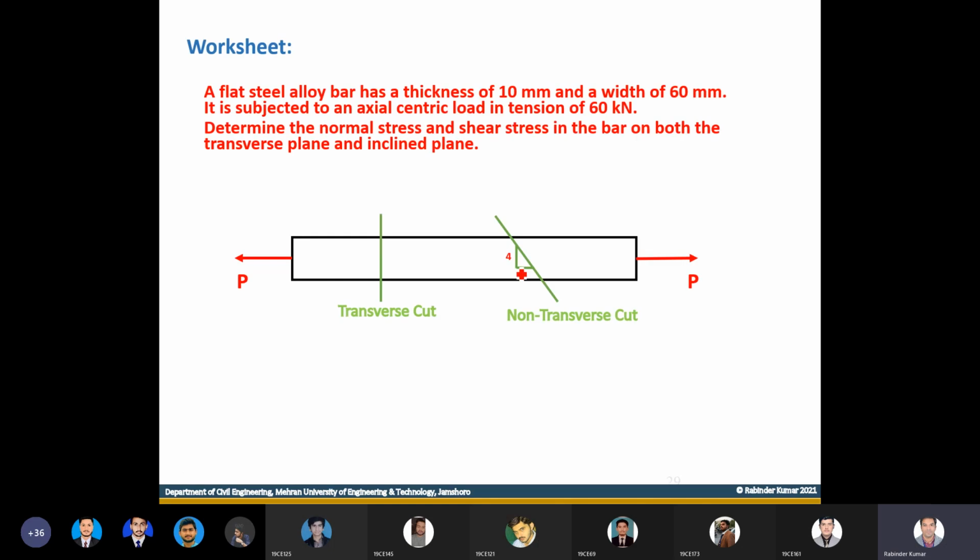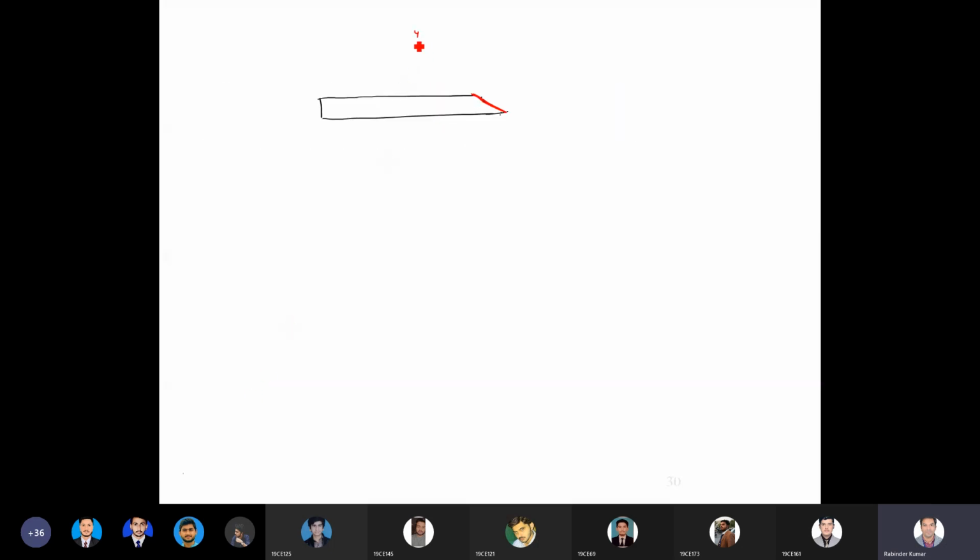Okay, we need to find the stress on this red plane or inclined plane, which is making an angle of 4 by 3. So angle is given to us as 4 by 3. So it's like this. This is 4, this is 3. This is a triangle basically.